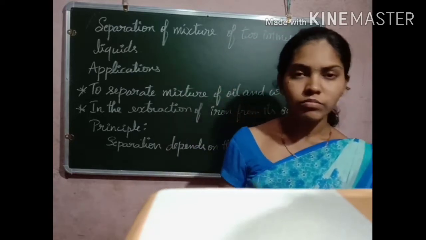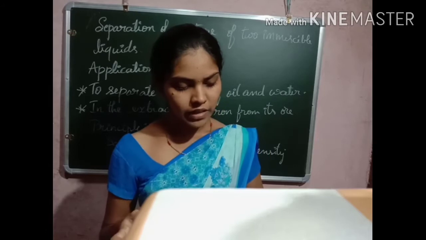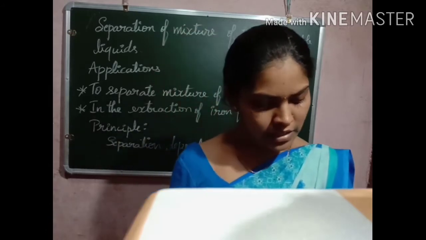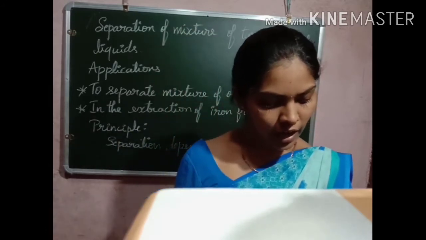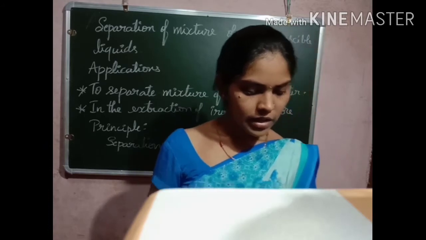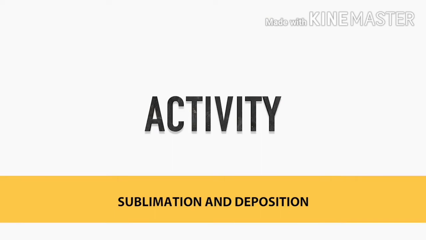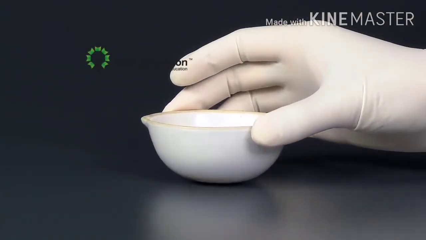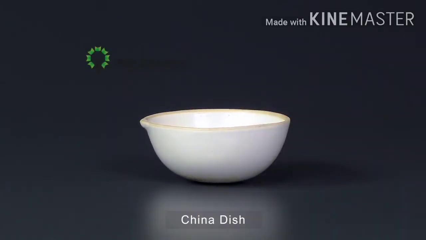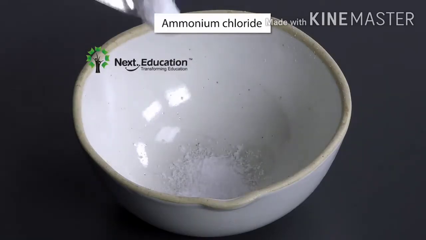Now let us move on to another activity. How can we separate a mixture of salt and ammonium chloride? Let us see through this video. Take a clean and dry china dish and put 5 grams of ammonium chloride in it.